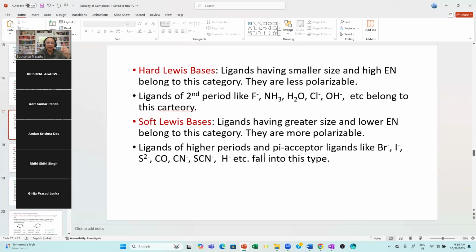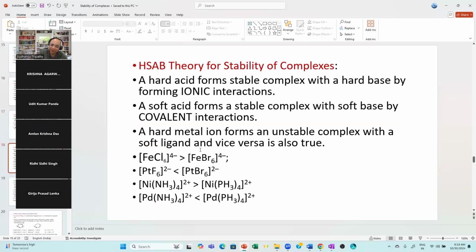This cannot be high polarizing power of a hard metal ion with the high polarizability of a soft ligand. Such a thing will break down as per the theory, which works very well, but it lacks a little logic, I do admit. So I have no defence for why hard-soft combinations form less stable complexes. Now I have given you an example.